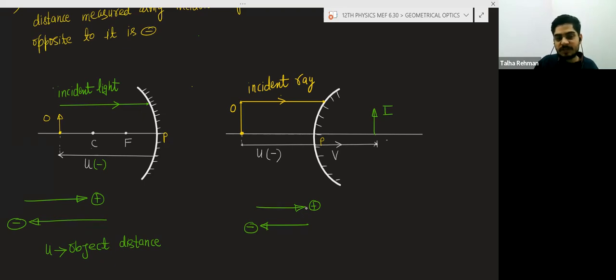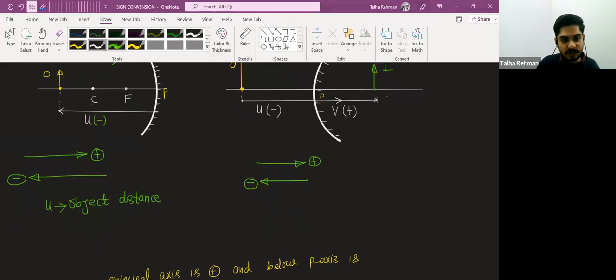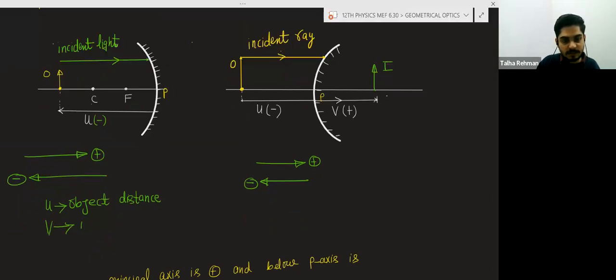V is known as the image distance, and this will be positive, because you are measuring in the direction of the incident ray. What is V here? V is the image distance. I think this is clear now.